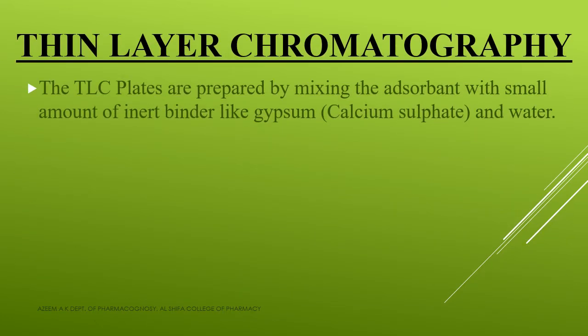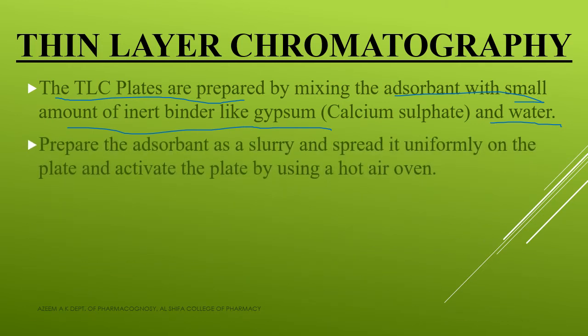Okay, so now we are talking about how the TLC plates are prepared. The TLC plates can be prepared by mixing the adsorbent with a small amount of inert binder like gypsum, and water. That is, take the adsorbent, add a binder like gypsum, and add water; this is how the slurry of silica gel is prepared before making the plates.